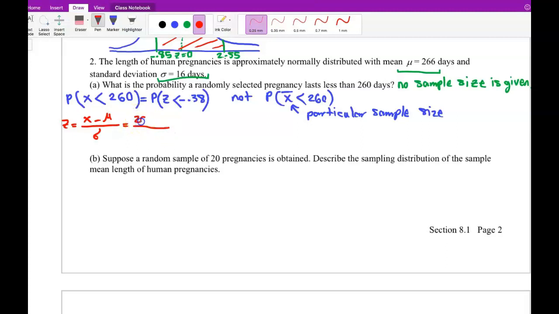So x is 260 minus mean 266 over standard deviation 16. So that is equal to negative 0.38.